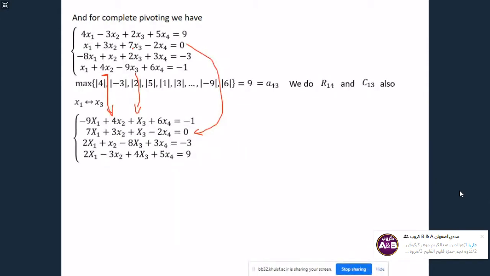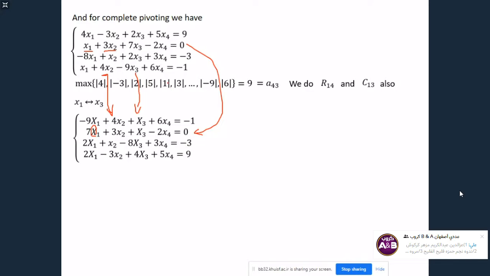So we have 7 X1, capital mode, plus 3x2 plus X3 in the capital mode, that is x1, and finally minus 2x4 equals 0.